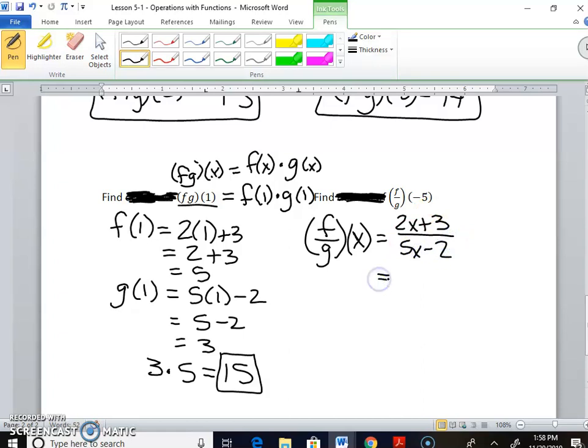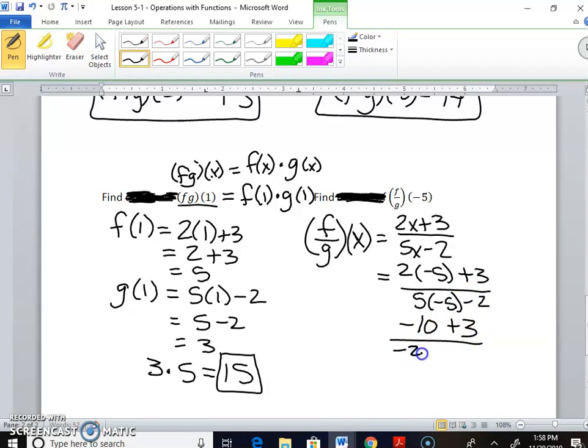So now I'm just going to plug in a -5. 2 times -5 plus 3 over 5 times -5 minus 2. That gives me -10 plus 3 over -25 minus 2. And I get -13 over -27, which those two negatives would cancel, and I just get 13 over 27.